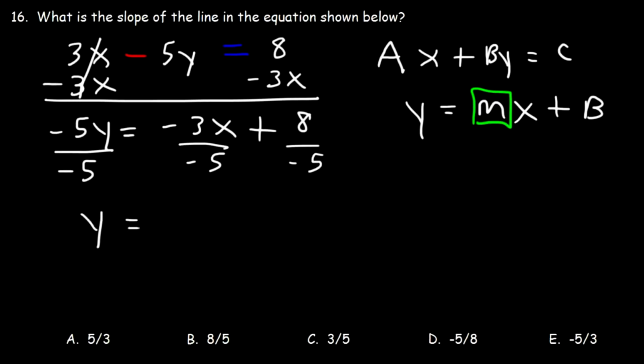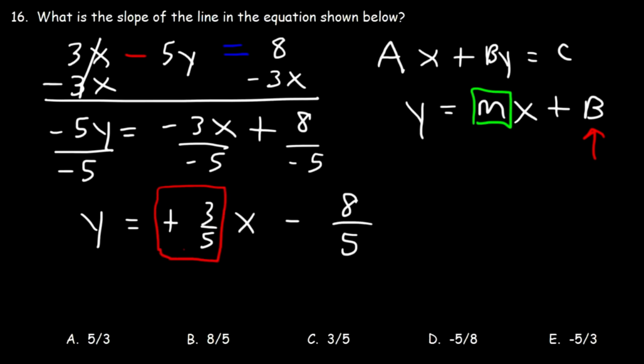So y is equal to negative 3 divided by negative 5, which is just positive 3 over 5, and this is going to be minus 8 over 5. So negative 8 over 5 is the y-intercept, which is b, but the slope is the number in front of x. So the slope is positive 3 over 5, which means answer choice C is the right answer in this problem.